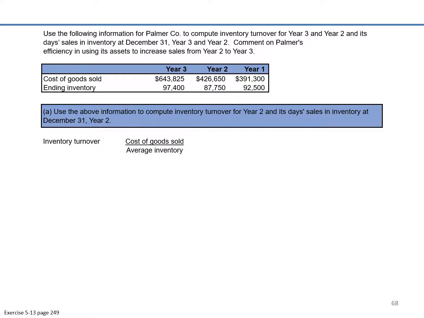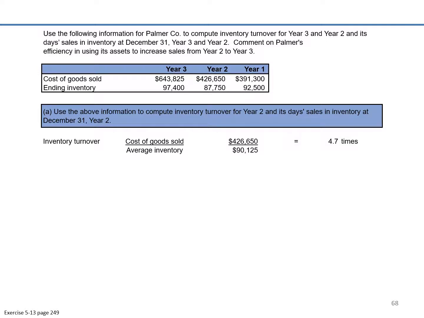Cost of goods sold for year 2 is $426,650 divided by its average inventory. So that's going to be $87,750 is the end of the inventory for year 2 plus $92,500 beginning of the year divided by 2. So that's going to be $91,125.